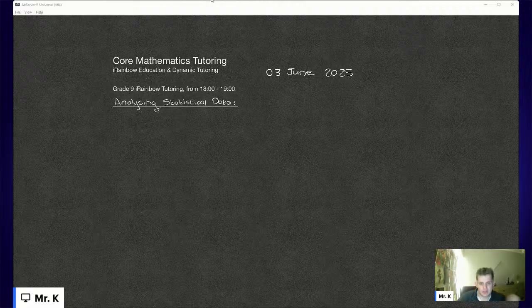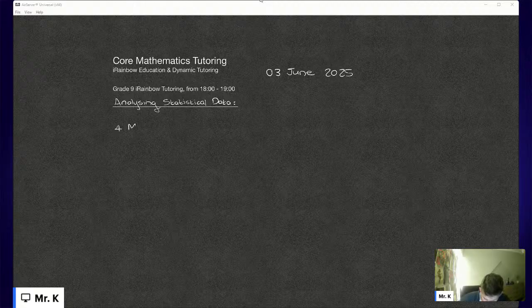So, what are the four essentially measurements that we need to be able to complete? We can call these the four measures. Okay, there's four measurements that we need to be able to make. Number one is what we call the mean.